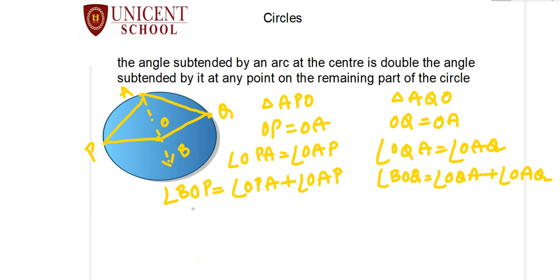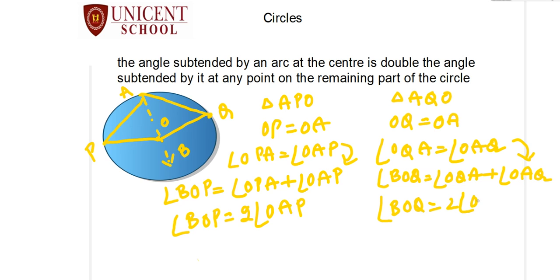Now, when we substitute this in this equation and this in this equation, we get BOP equal to 2 times angle OAP. Here we get angle BOQ equal to 2 times angle OAQ. Now, if we add these two equations, what do we get?